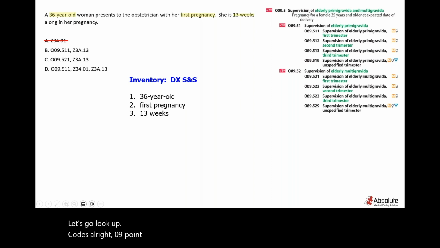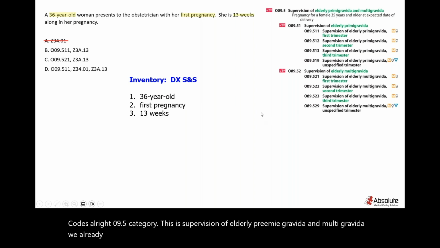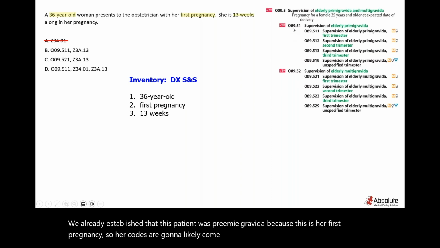All right, O09.5 category. This is supervision of elderly primigravida and multigravida. We already established that this patient was primigravida because this is her first pregnancy. So her codes are likely going to come from O09.51, supervision of elderly primigravida.